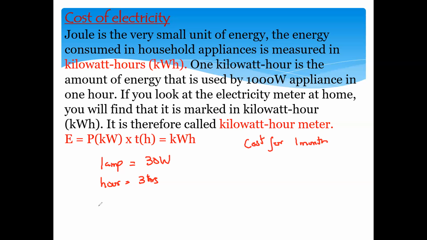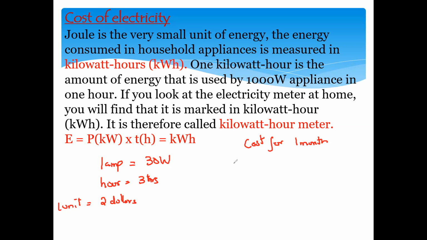And the cost of 1 unit, when we consume 1 kilowatt hour, say 1 unit costs $2. Example. We want to calculate the cost of using this lamp for 1 month.